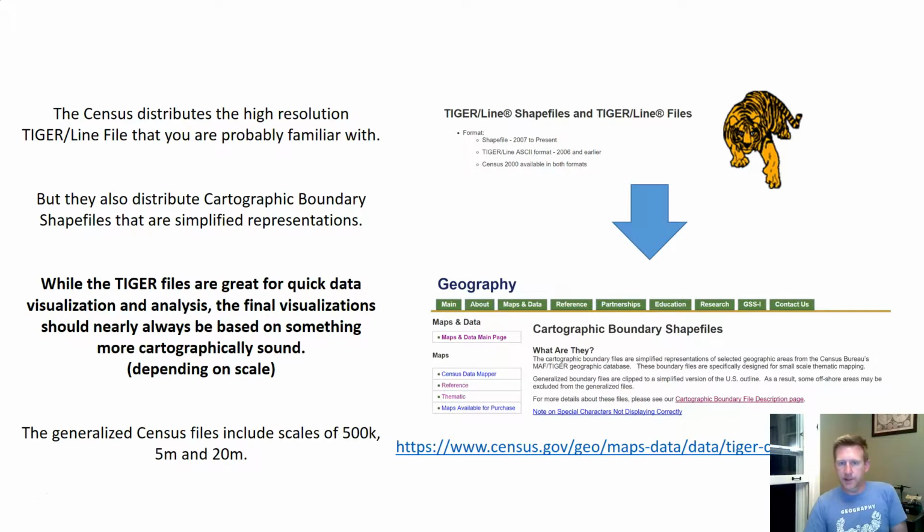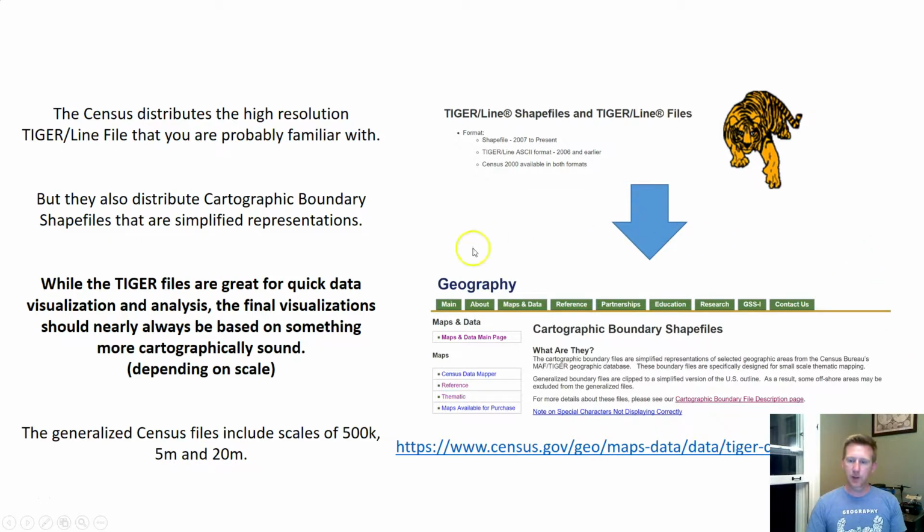If you go to the census, which is one of the great resources for downloading not just population data, but a lot of demographic data, data about people, so economic, crime, all kinds of good information can be gathered from the census. They distribute these in a couple of different versions. If you just naively go to the census and look for shapefiles, you can certainly download those. But you want to be a little bit careful.